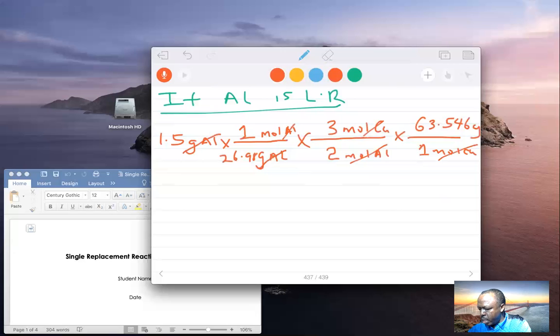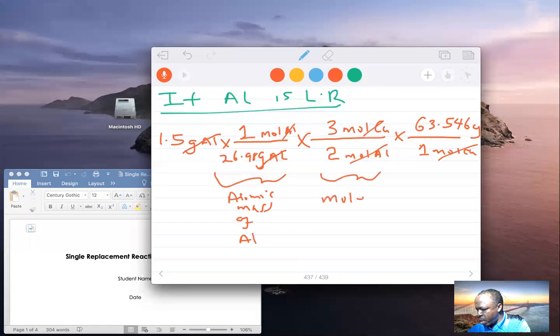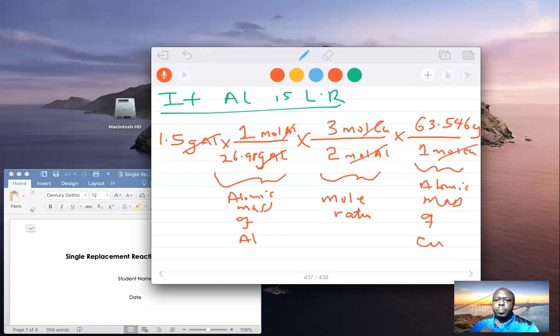Right here is the atomic mass of Al. This right here is the mole ratio. And here is the atomic mass of copper, so that you know where the numbers are.